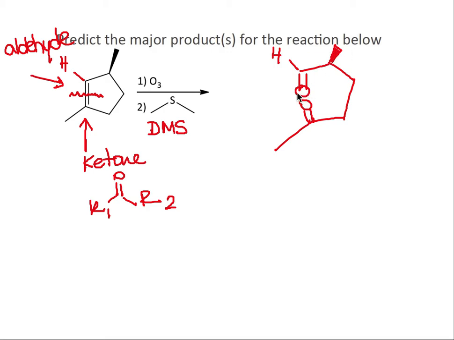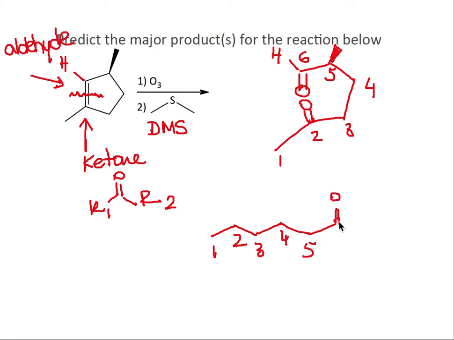And if you want to draw this molecule in a different way, what you could do now is number 1, 2, 3, 4, 5, and 6. And remember, this numbering has absolutely nothing to do with how to name this molecule. It's just for me to redraw it. So 1, 2, 3, 4, 5, and 6.